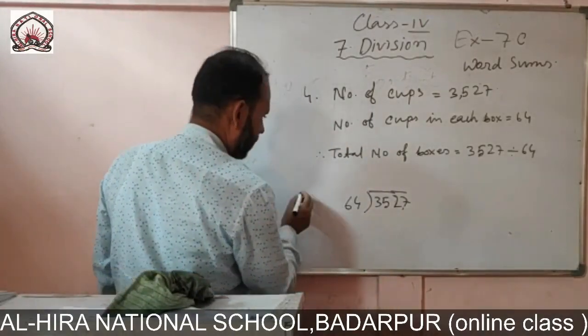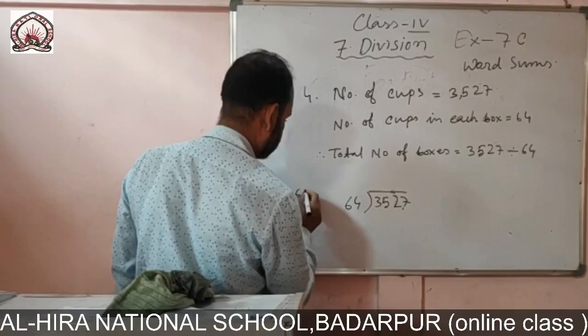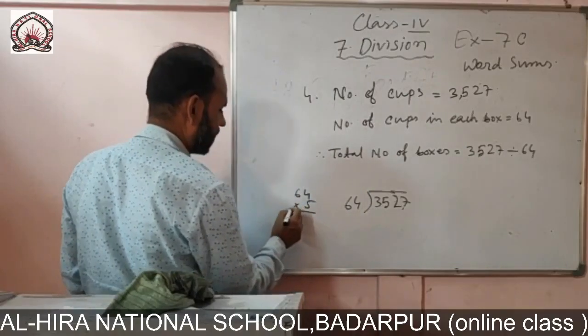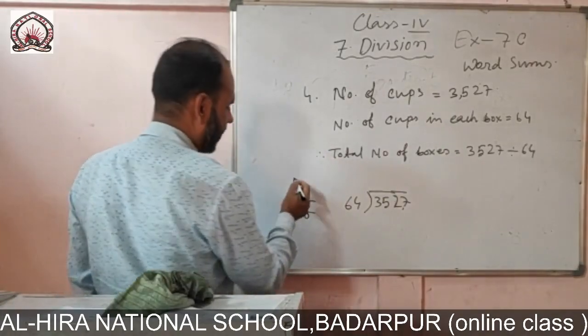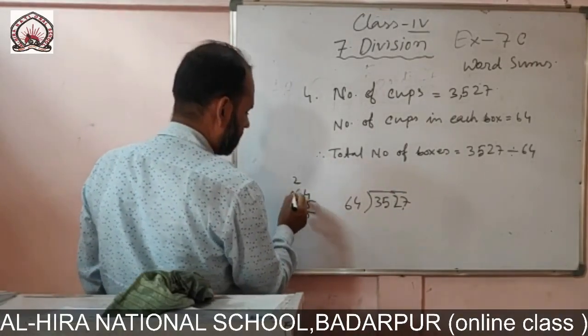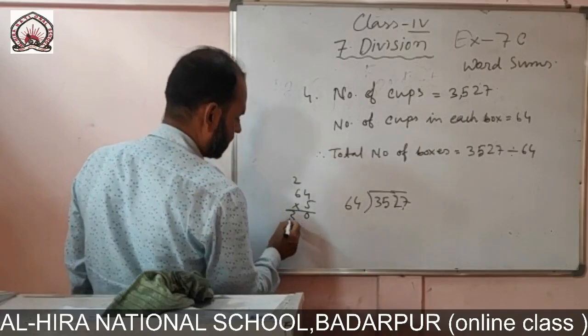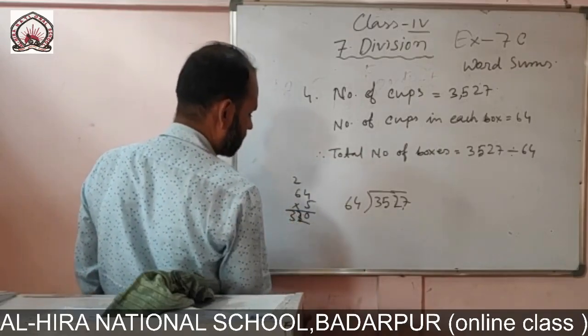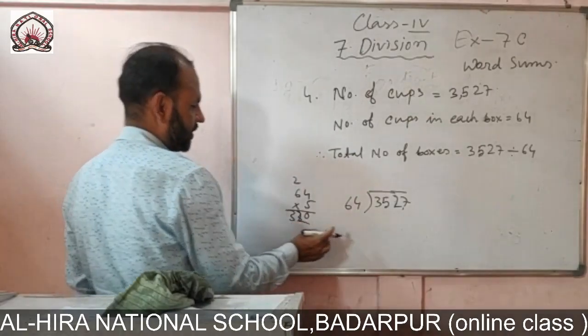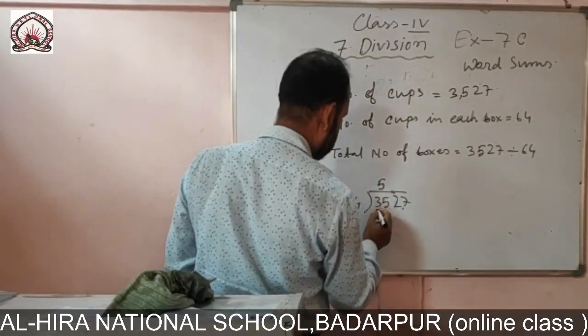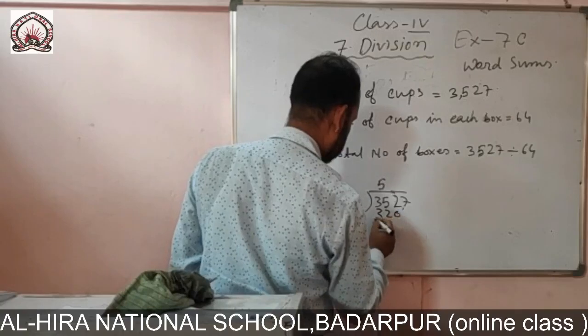We try 64 times 5. 5 times 4 is 20, 0 and 2 in my hand, 5 times 6 is 30, 32. So here 320, yes, it is 5 times, then 320.